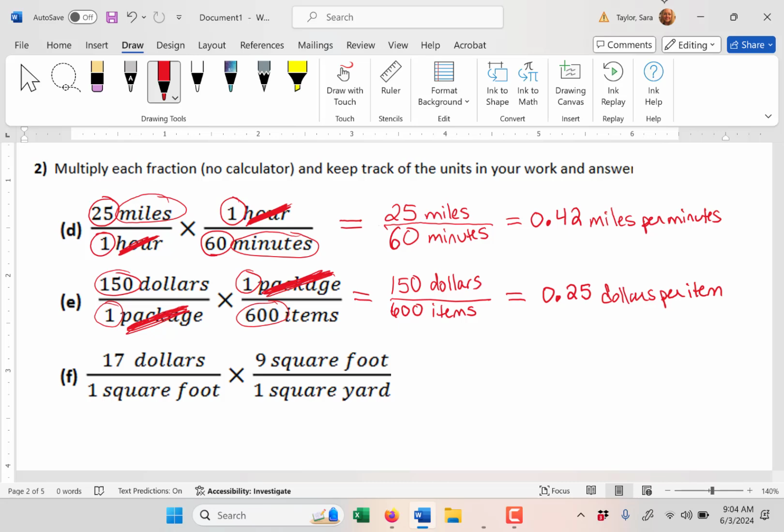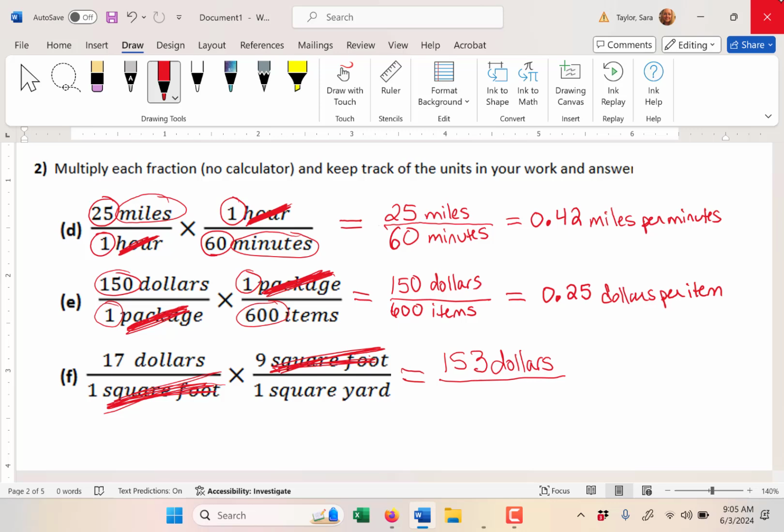And lastly, part F, we have $17 per square foot times 9 square feet per square yard. So the units of square foot in the denominator cancels with square foot in the numerator. I multiply 17 times 9 in the numerator. I get 153 in the numerator. The units in the numerator are dollars.